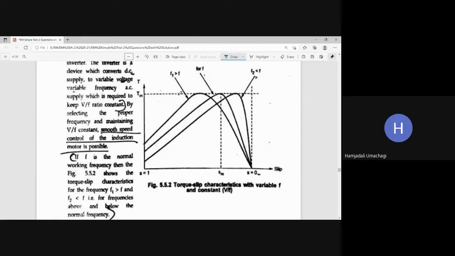This is for above normal frequency, and this is for below normal frequency, showing how the torque and slip will vary.